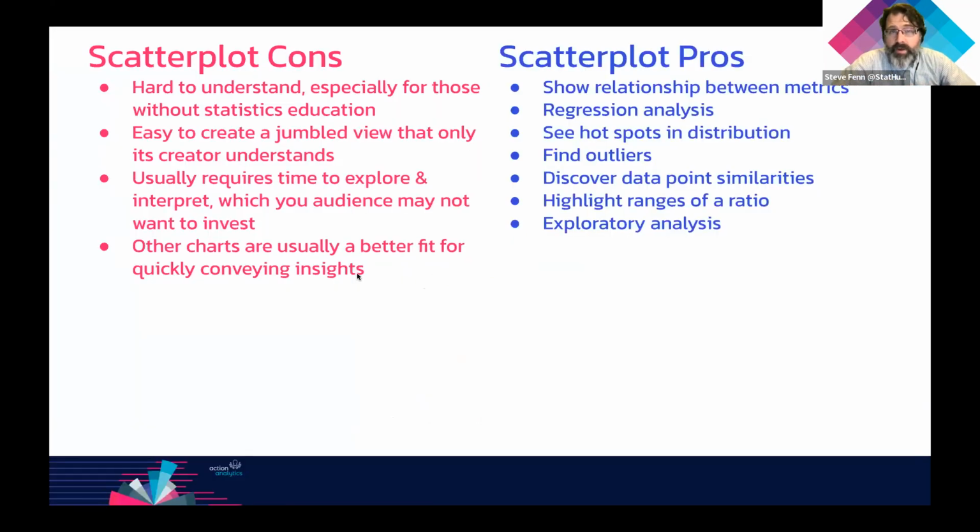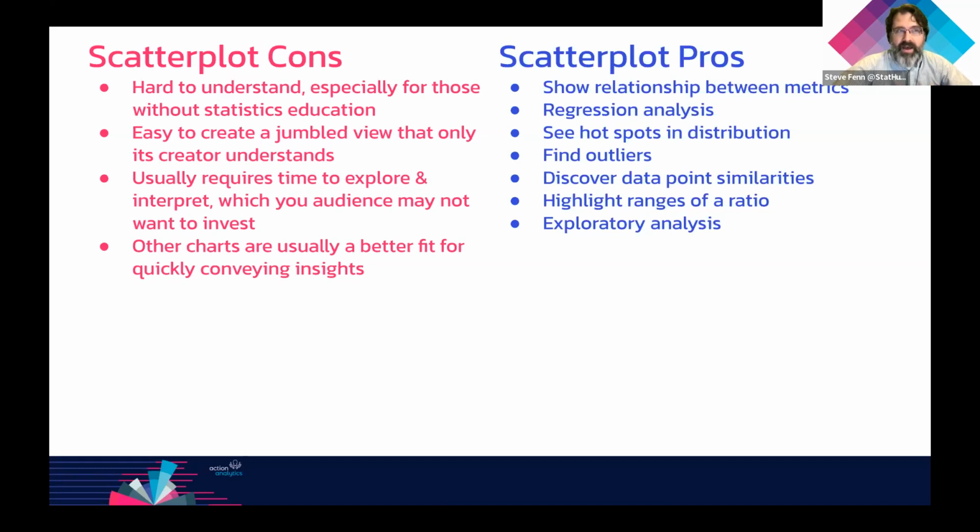So quickly, let's talk about some pros and cons of scatter plots just as a foundation of this discussion. The biggest difficulties with scatter plots are that often they're hard to understand. And this is especially the case when people in your audience don't have a statistics education. Those of us that have taken stats classes, have lived in data, we understand what R-squared value is.